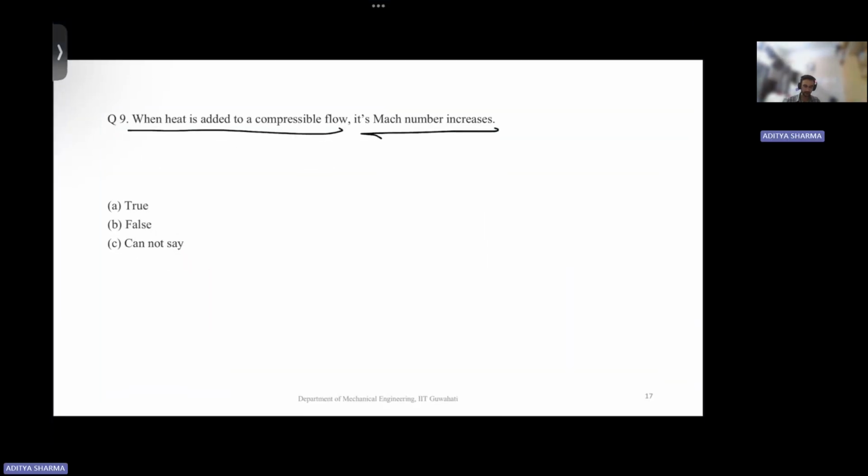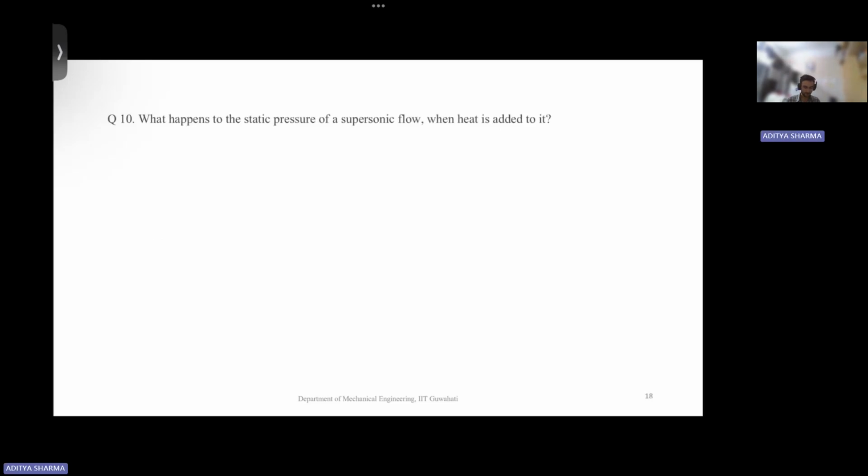So we cannot say it's going to increase or decrease. You'll have to tell what is the initial Mach that we have. So we cannot say.